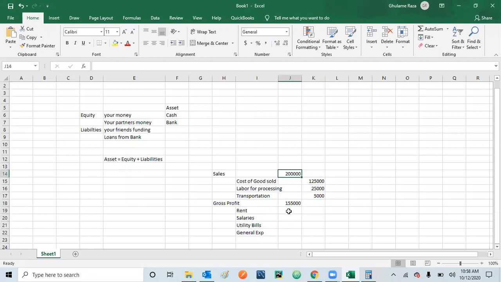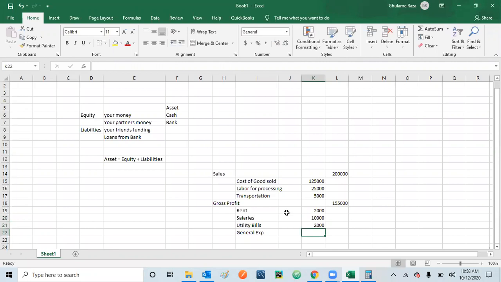Let me put the numbers correctly. I just put it in the wrong place. So my rent, let's say, is 2,000. Salaries I pay during the year, let's say 10,000. Utility bills I pay 2,000.